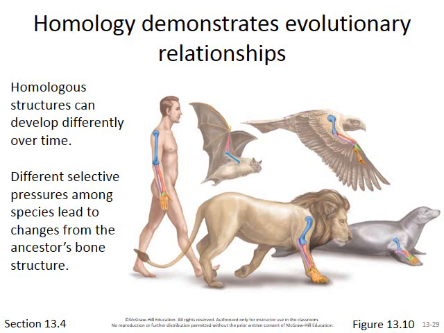Different selective pressures among these species have led to these changes from the ancestors' bones. So as these species, as these lineages have gone on through time, they are dealing with different environmental pressures. This natural selection, and lots of time having passed, has created these pretty large differences.